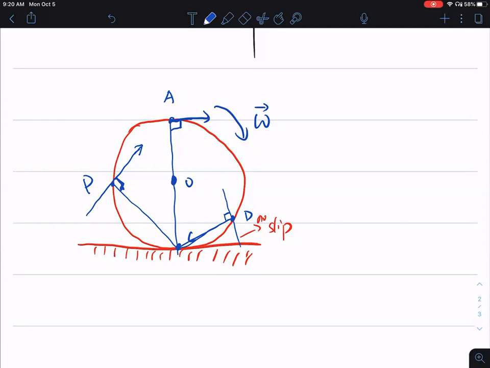That depends on how this rigid body is rotating. This rigid body is rotating clockwise. There's only one possibility for D. D has to go that direction in order for this wheel to go clockwise. Does that make sense? So that's the first function of instant center. We can use instant center to find out the direction of velocity.